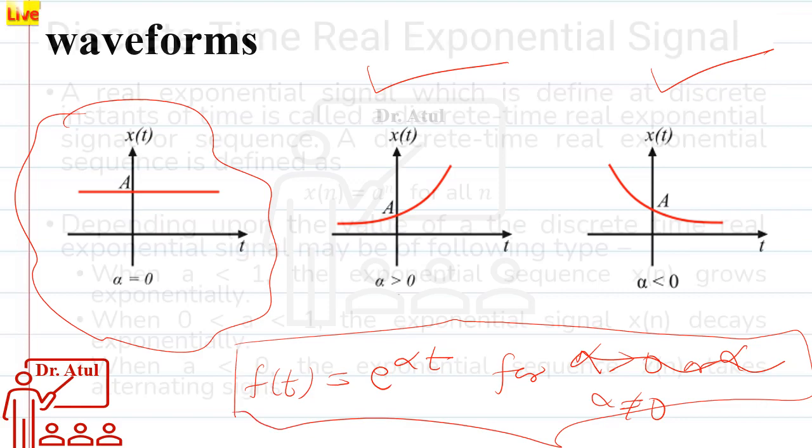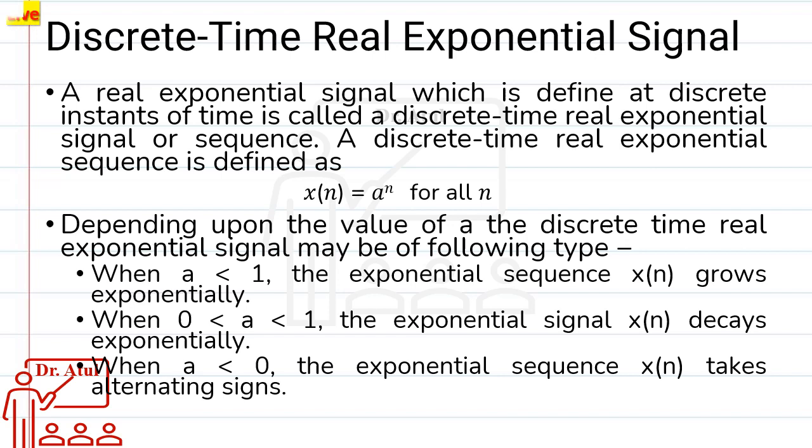Okay, next one is discrete time real exponential signal. For a discrete exponential it can be written as a to the power n. That is also an exponentially increasing sequence.